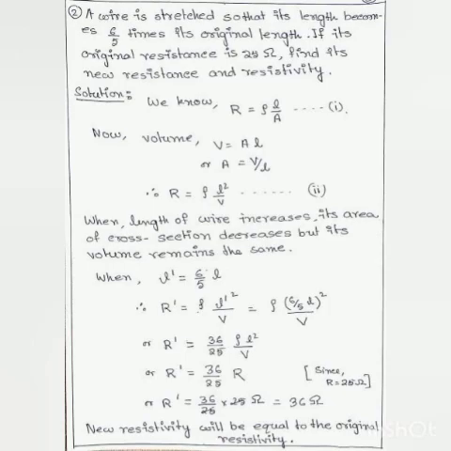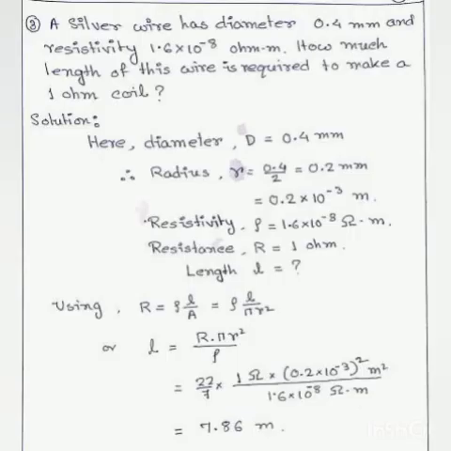Next, a silver wire has diameter 0.4 mm and resistivity 1.6 × 10^-8 ohm meter. How much length of this wire is required to make a 1 ohm coil? Now here diameter D equals 0.4 millimeter, that is, radius equals 0.2 millimeter, but we have to convert it into meter as we will calculate these sums in the SI system.